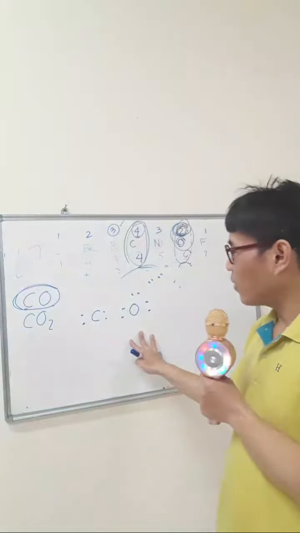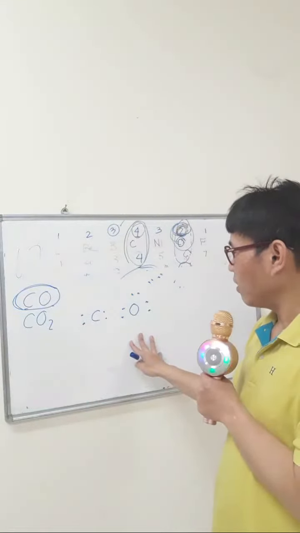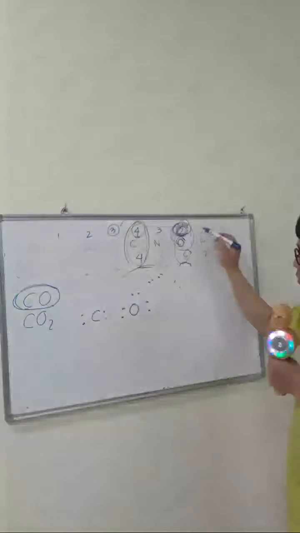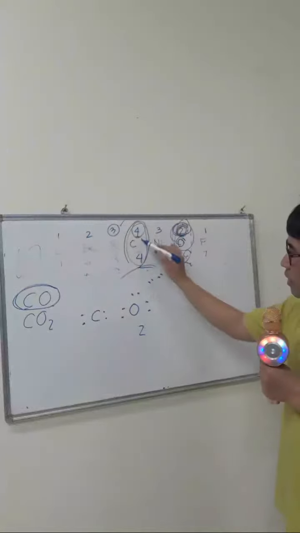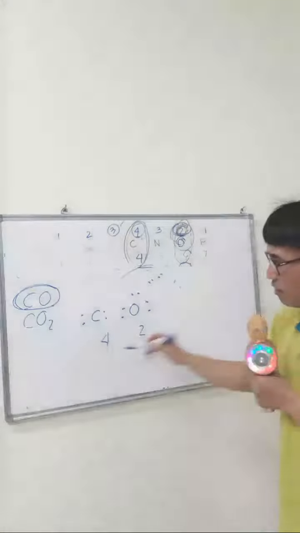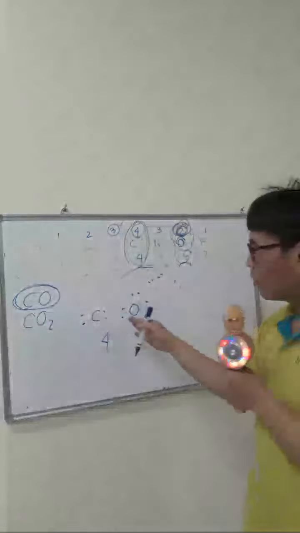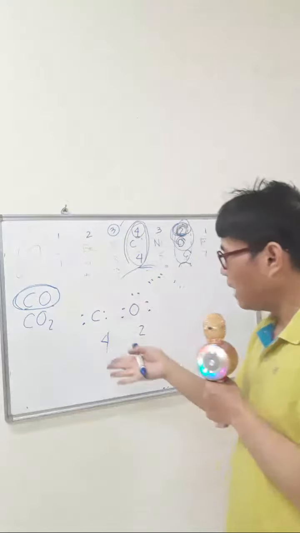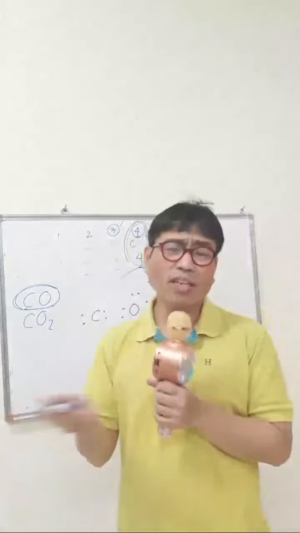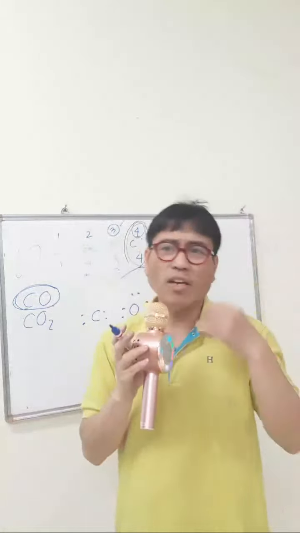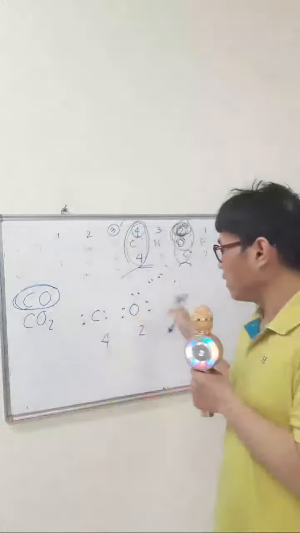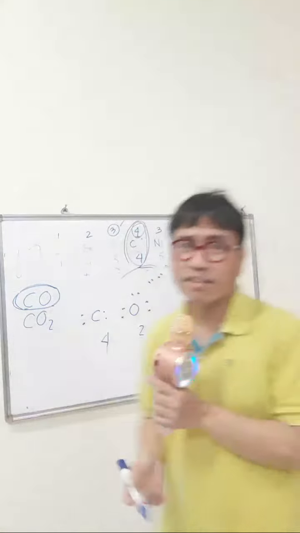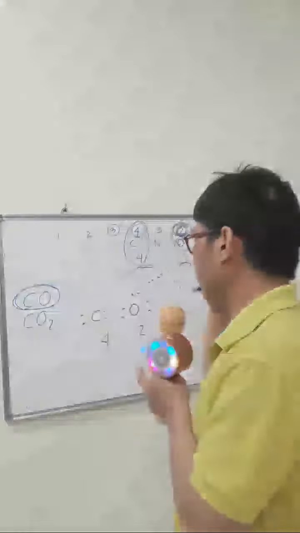You cannot establish directly because oxygen needs 2, okay? And carbon needs 4. How can this carbon need 4? It's impossible. So 0. It's not allowed in the bonding. You should share everything, and the other one is unbalanced. Okay? It's not allowed.